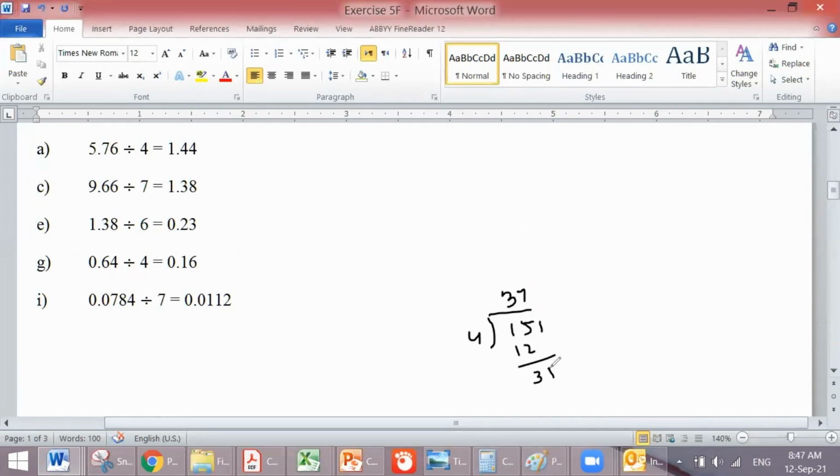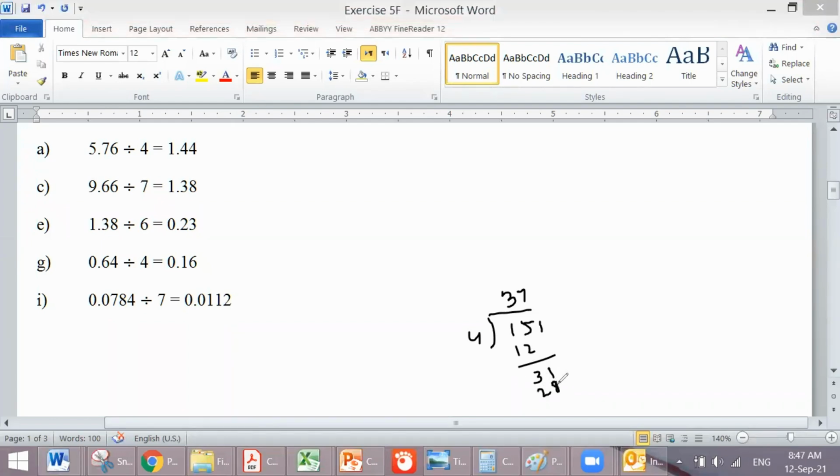Okay, so we have put 1 down, and 4 7s are 28, and now the remainder is 3. Okay, the remainder is 3.